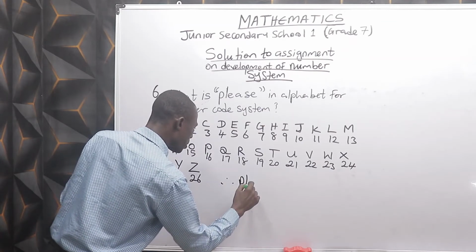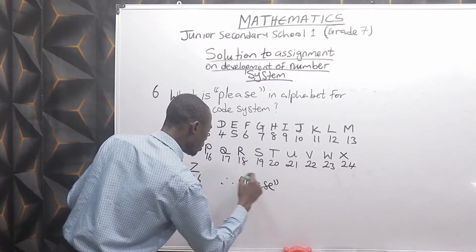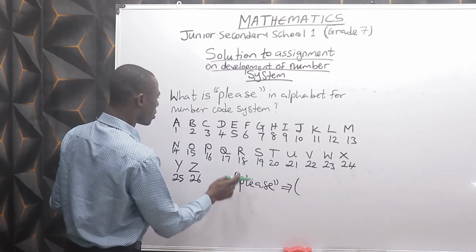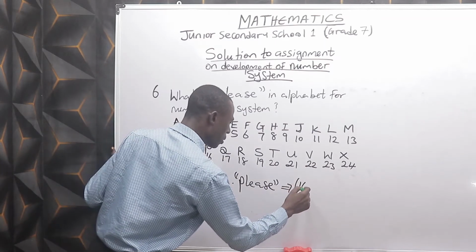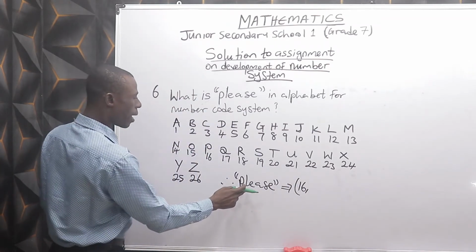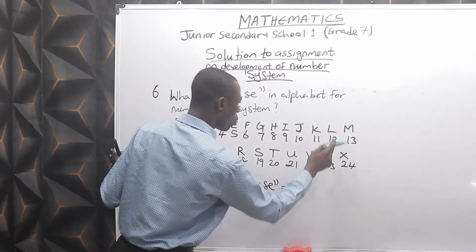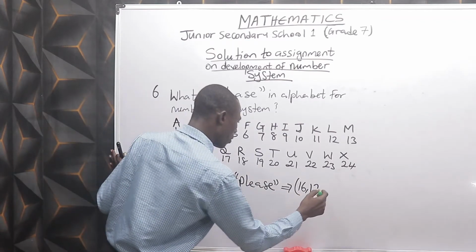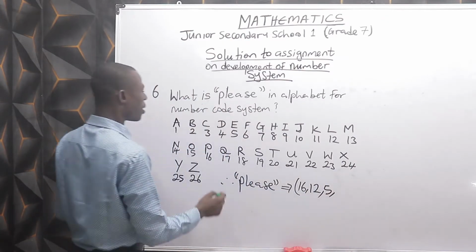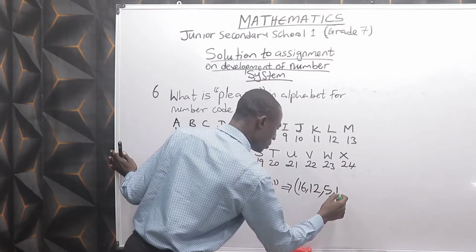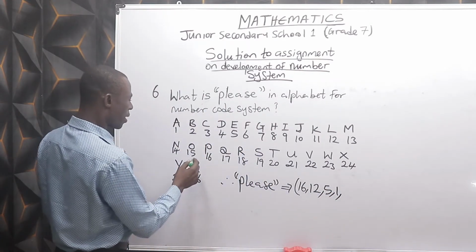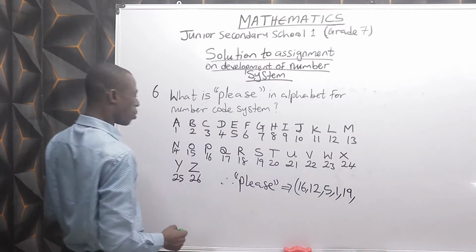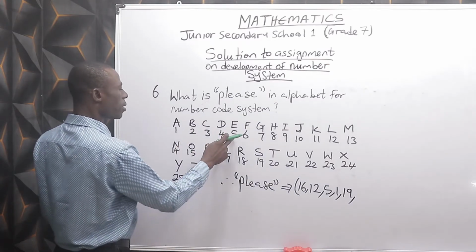Therefore, PLEASE means P is 16, L is 12, E is 5, A is 1, S is 19, then E is 5.